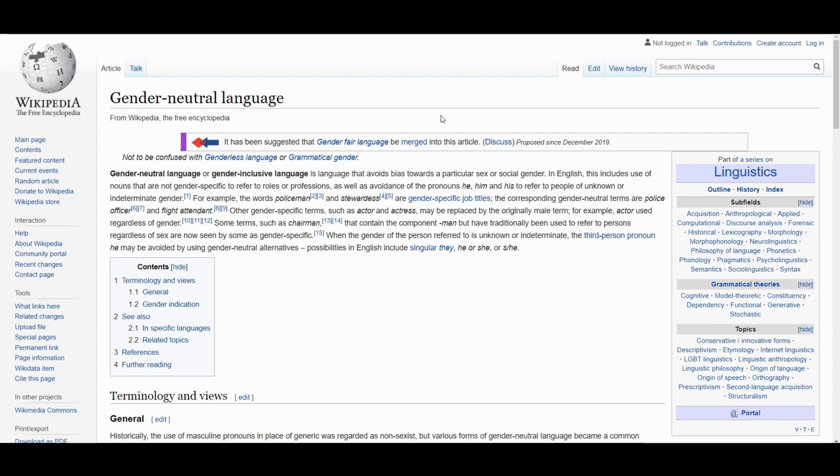In English, this includes use of nouns that are not gender-specific to refer to roles or professions, as well as avoidance of the pronouns he, him, and his to refer to people of unknown or indeterminate gender. When we talk about gender inclusivity today, it does tie into certain social battles and issues, and I totally understand that, and that's why it can be an issue in Bible translation.